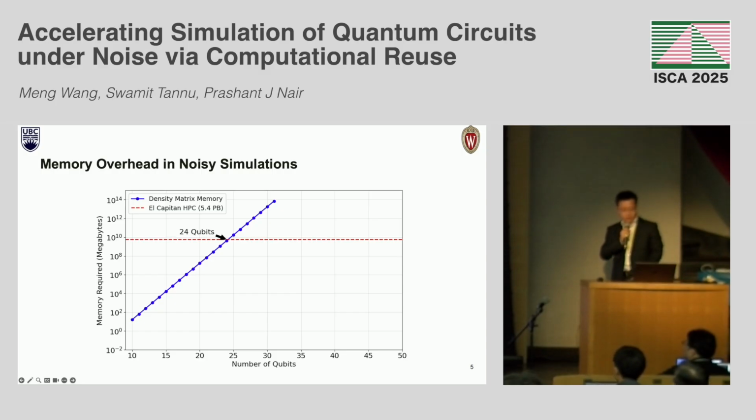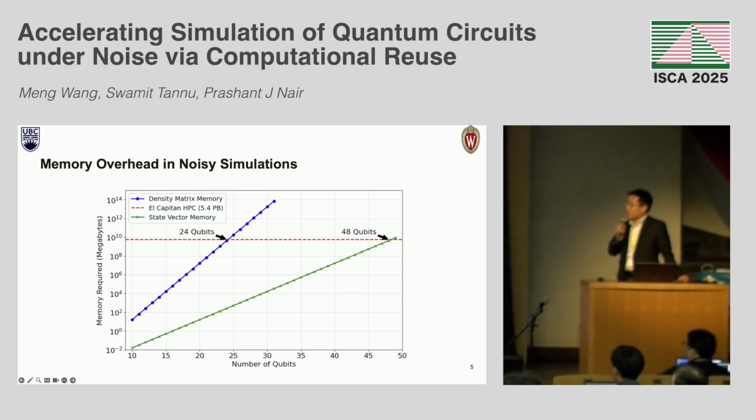A workaround is using the state vector simulator, which, despite also scaling exponentially, is now 2 to the power of the number of qubits. So now it gives us the ability to simulate some medium to large scale quantum circuits, maybe in the range of 30-plus qubits. So the state vector simulator is what we're focusing on in our paper.